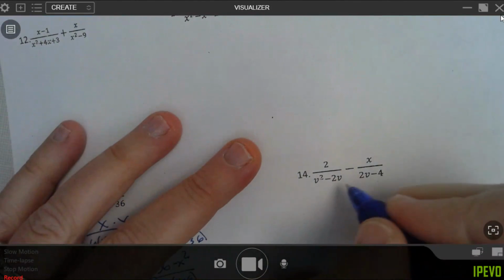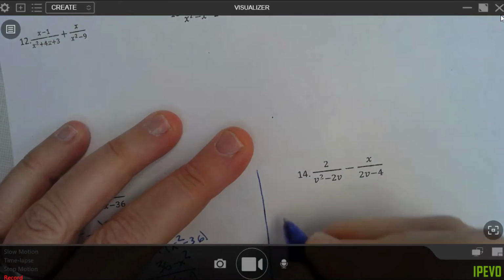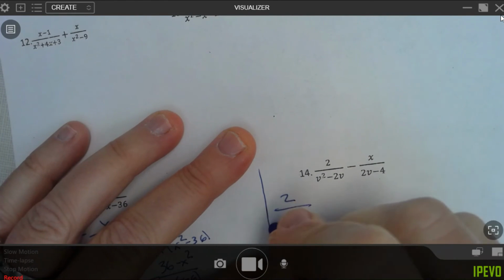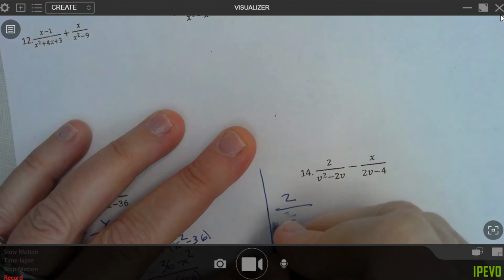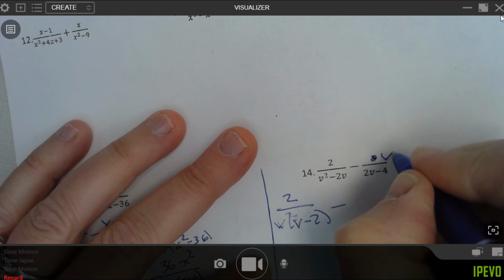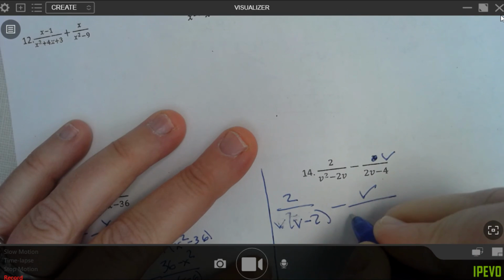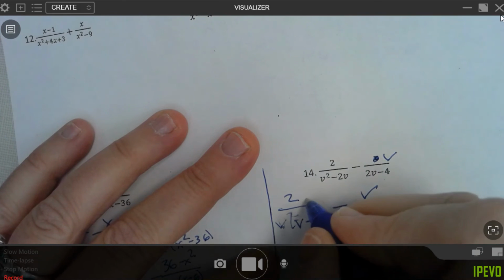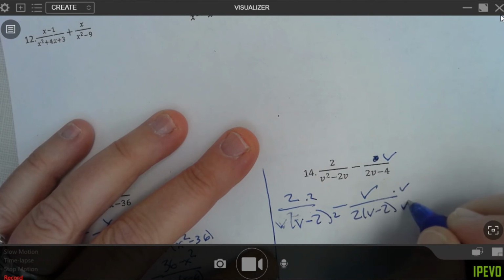So right here, pull out your v. I don't know why I was rewriting the problem. Make that a v. Typo. So this side needs the 2. This side needs a v.